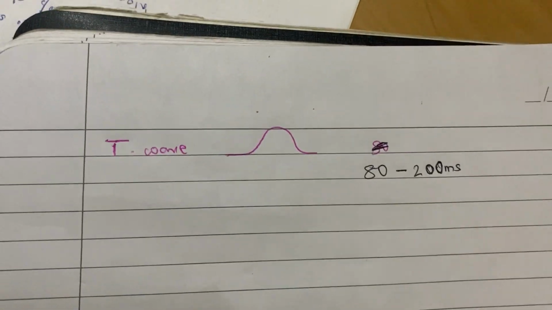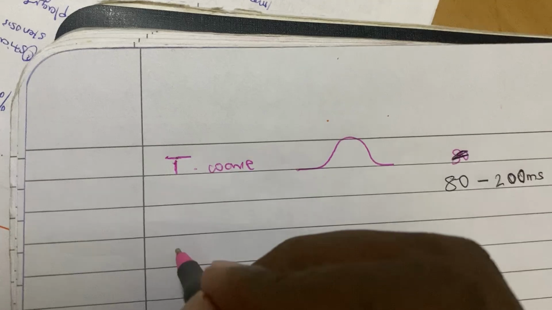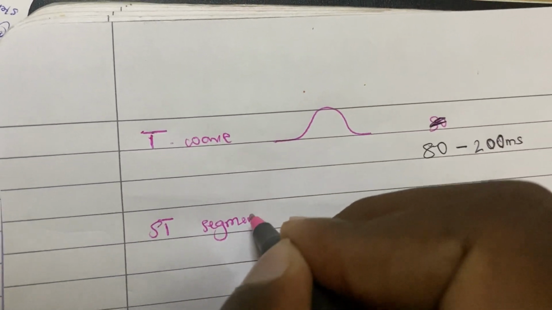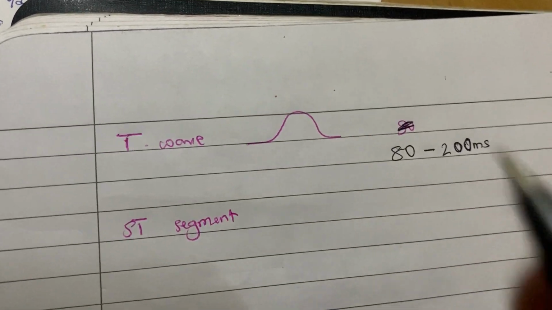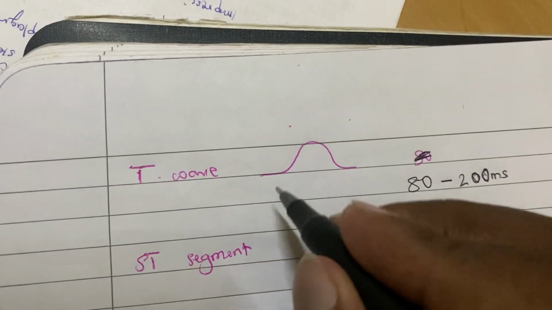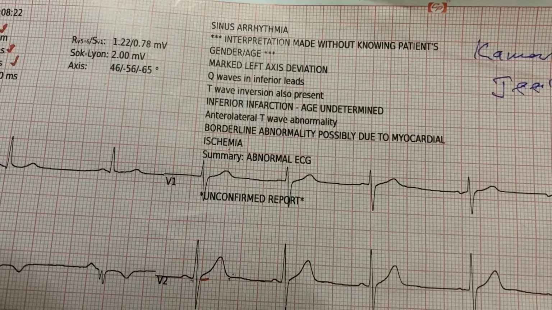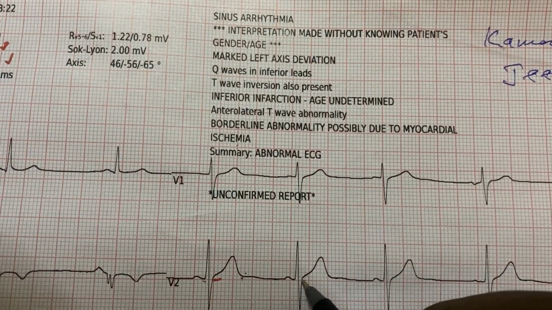Another one, which is not so important, is the ST segment. Not so important, but it should at least not be more than 200 milliseconds. If we check here, this segment is very short.